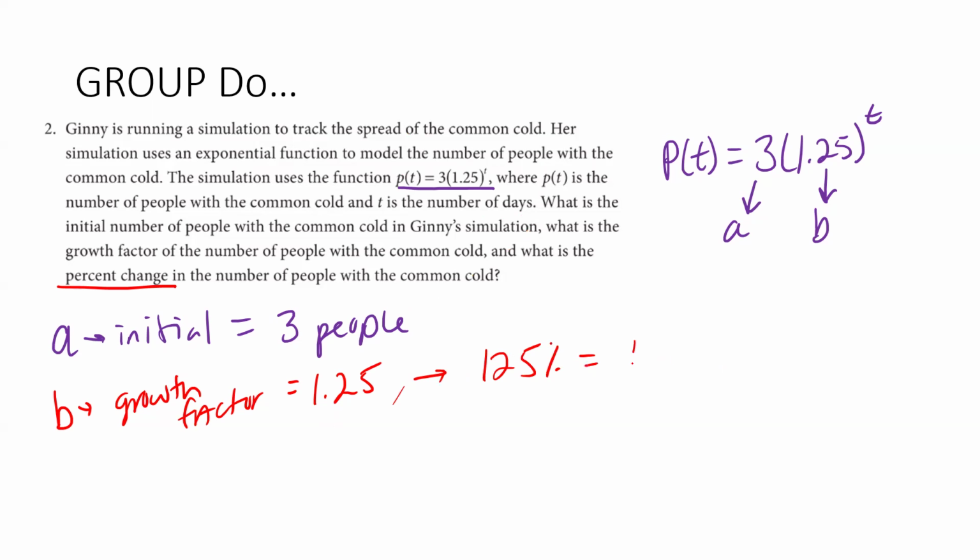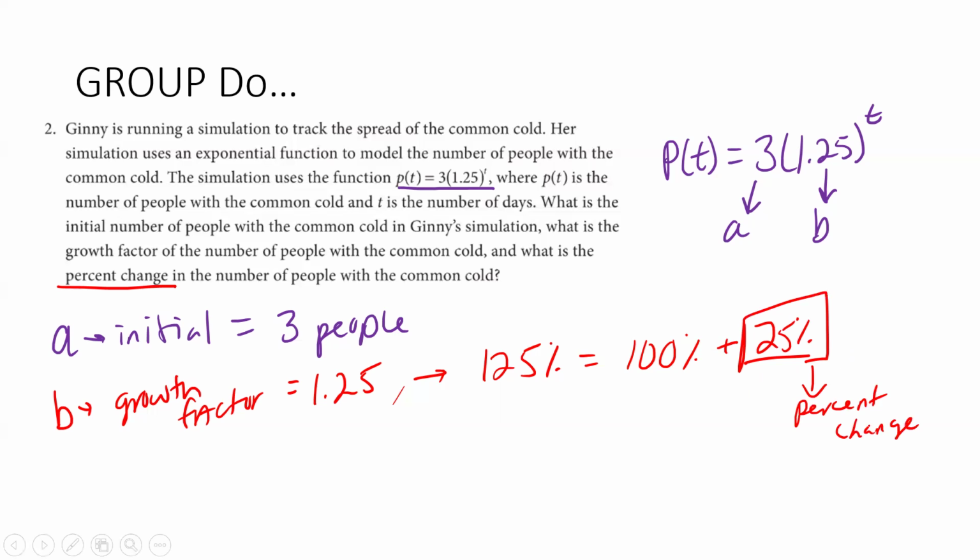So 125% equals 100% plus something. And what is that plus? 25%. So my percent change is 25%. Does that make sense? So this is my percent change. Okay, your percent change is going to be how much you are above or below 100%. Do we see that?